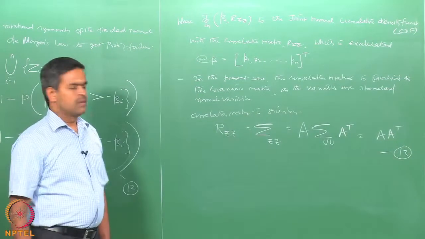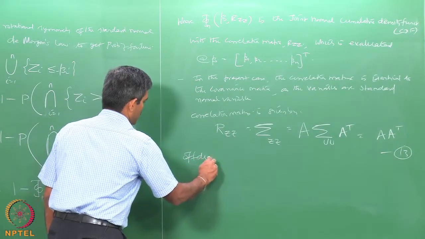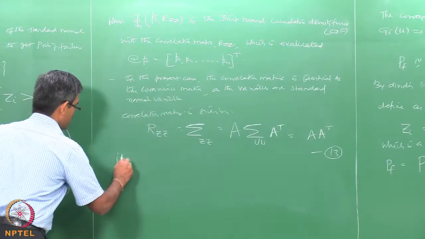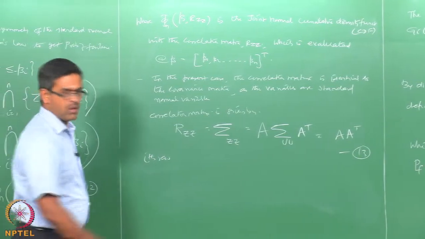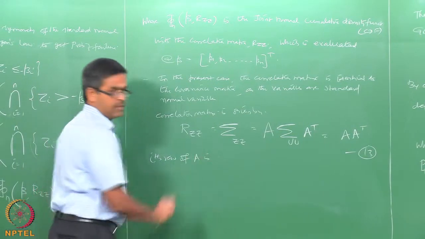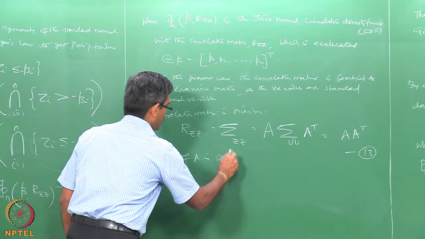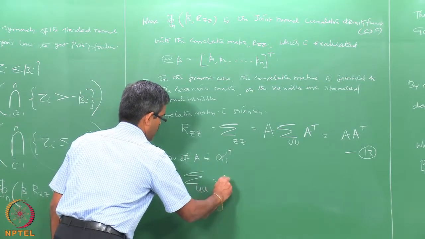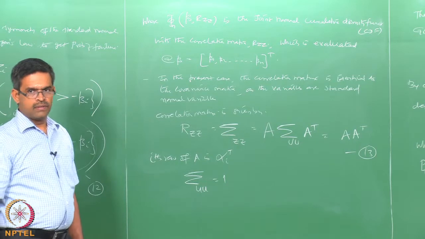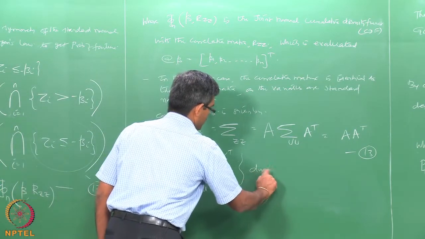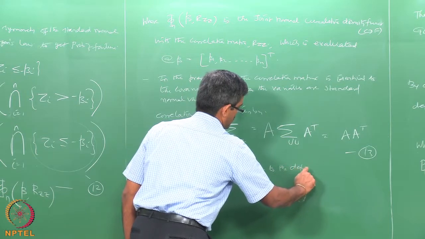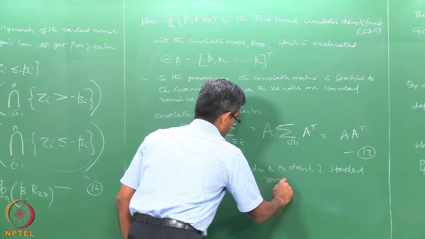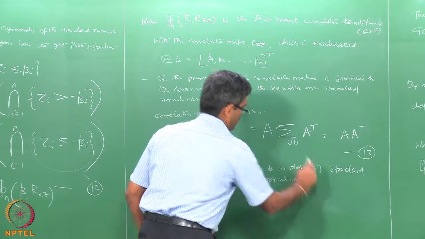Equation 13. The off diagonal terms, in this case, the ith row of A is actually alpha i transpose and will be actually unity. This is due to the definition of the variables. Okay.